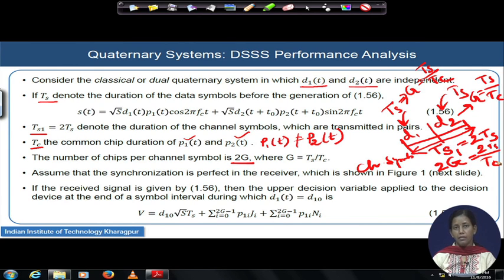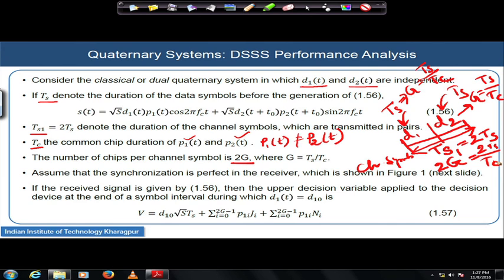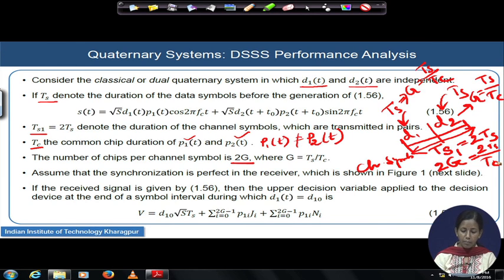Let us consider that in the receiver the synchronization is perfect. So, the carrier synchronization and the code acquisition both are perfect, and based on that we will discuss the receiver architecture immediately in the next slide. And let us also consider that we are transmitting the symbol D1T and applying the decision based on that.